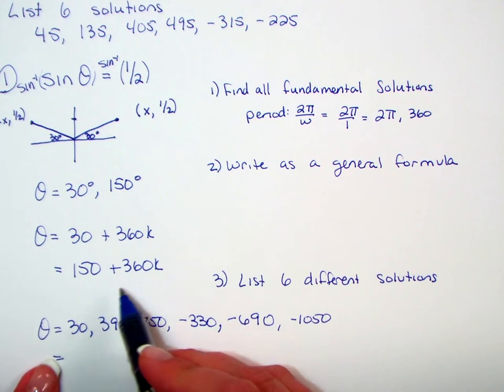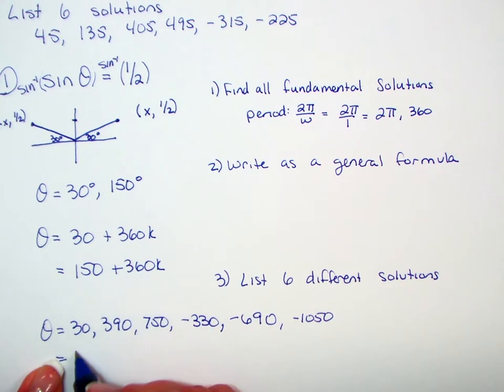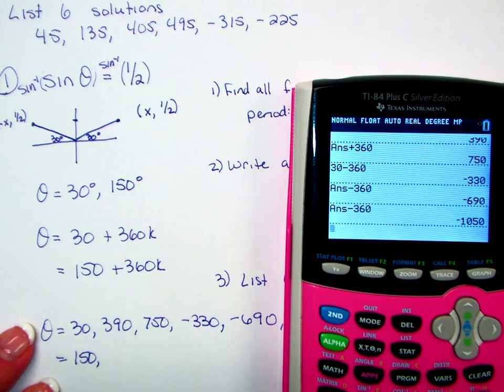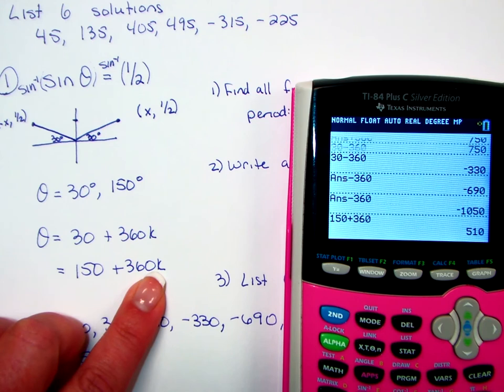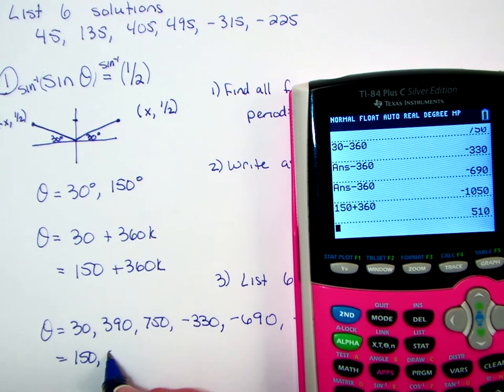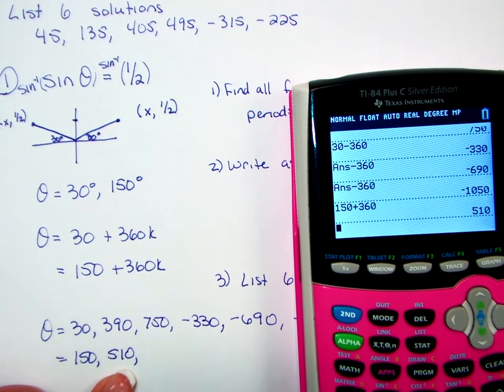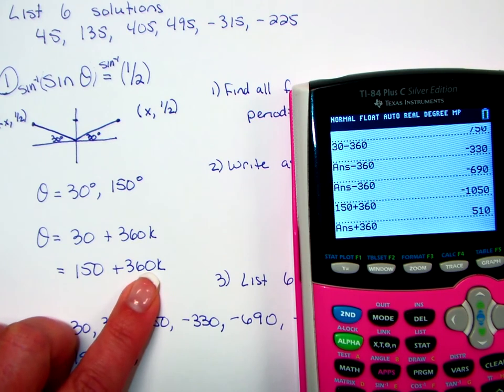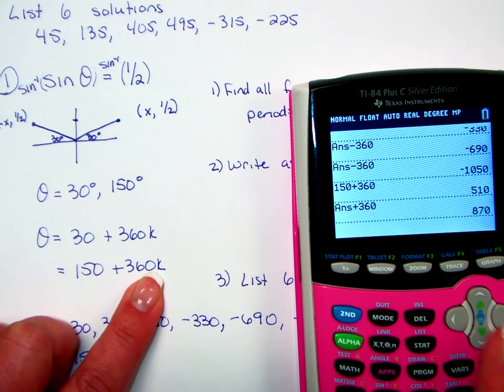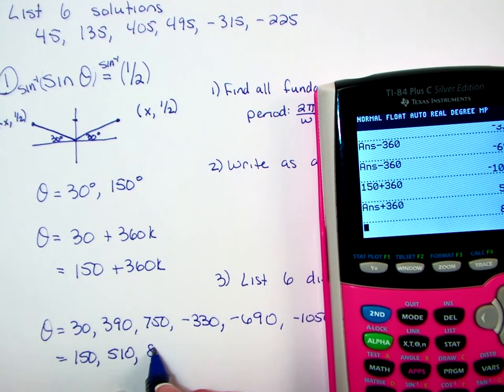Let me go ahead and do that. So if k was 0, I get a solution of 150. And then to 150, I'm just going to start adding 360k. So I'm going to let k equal 1 and add 360 once to get 510. Okay, I'm going to add 360 again, and that's adding 2 360. So that's if k is 2, and I'm going to get 870. All right.